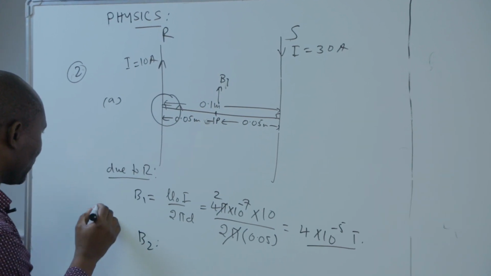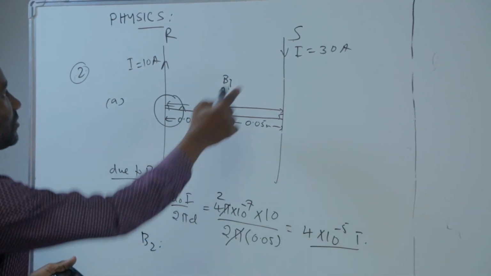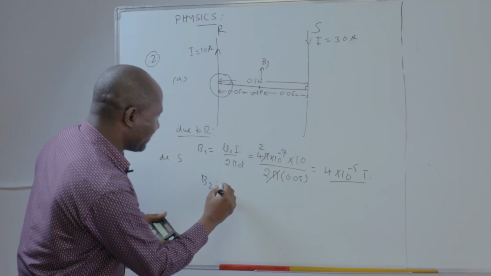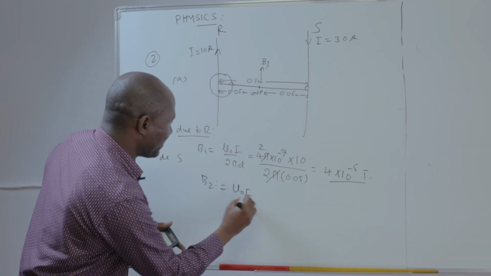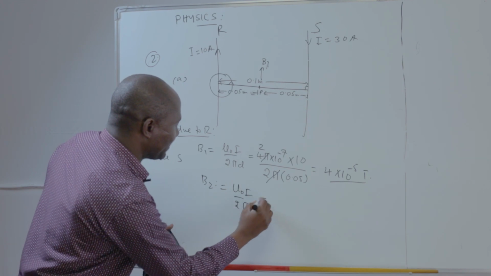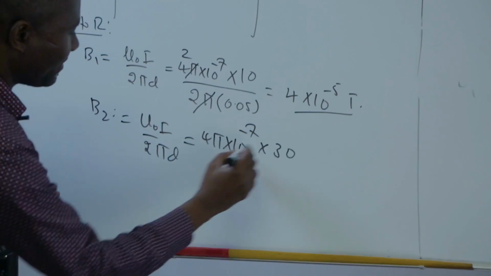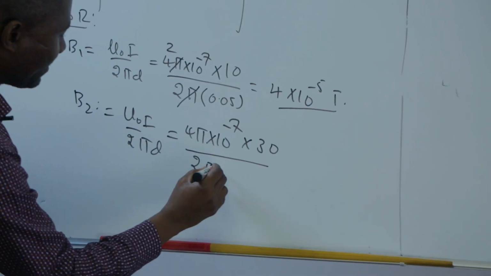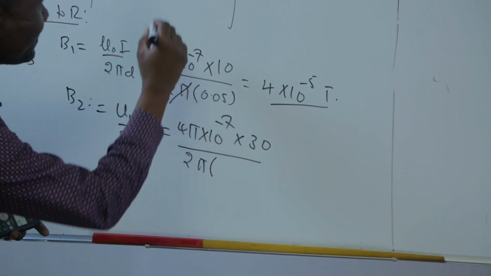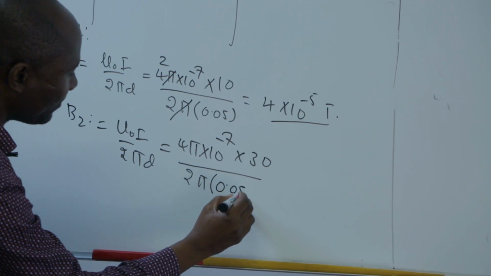Let's find B2, due to S. This is given by mu I, the same formula, 4 pi times 10 negative 7 times 30 divided by 2 pi d, where the distance is the same, 0.05.